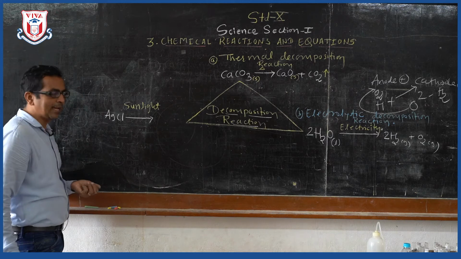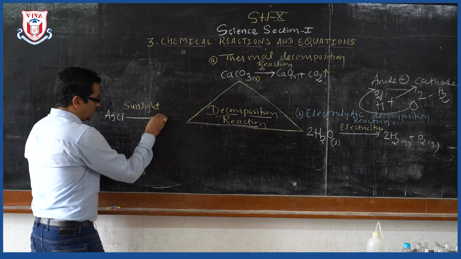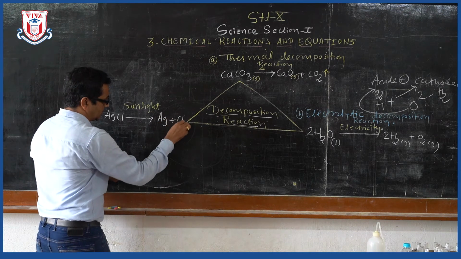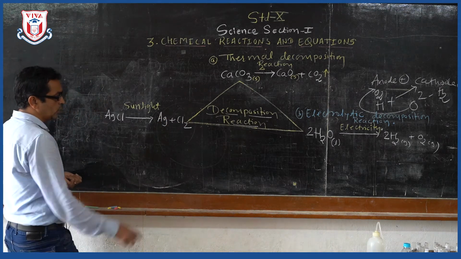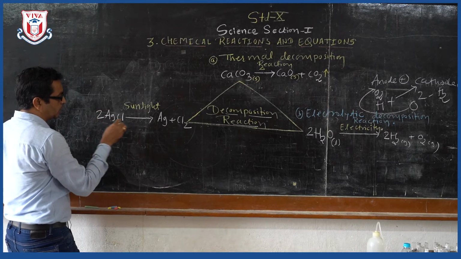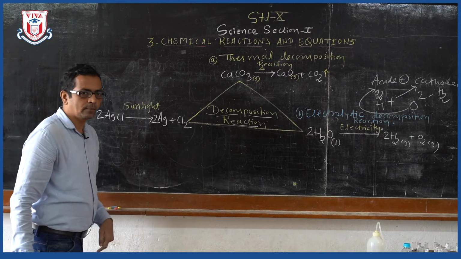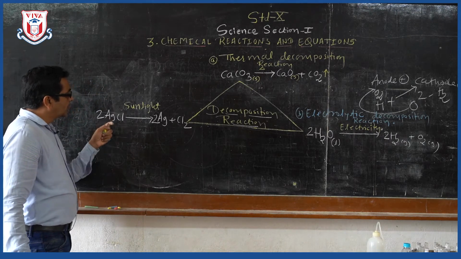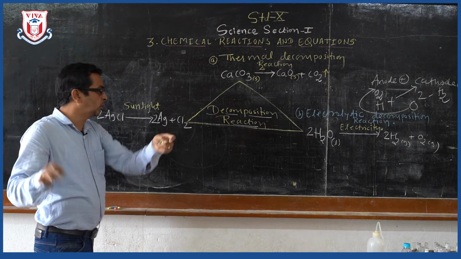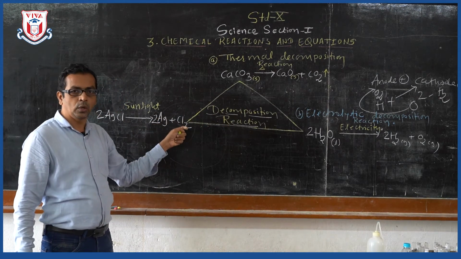When you keep it in the sunlight, you will get silver plus Cl2. So chlorine 2 in the product, so multiply this by 2, silver 2, here also multiply by 2. So now this is a balanced equation. Here the silver chloride split into silver and chlorine, that is, it decomposed into silver and chlorine.